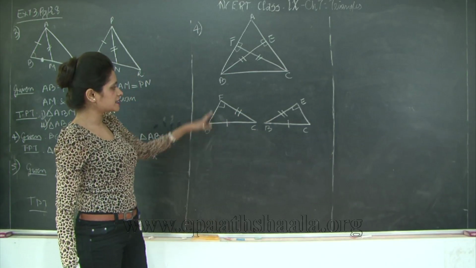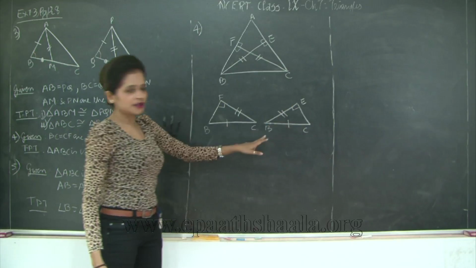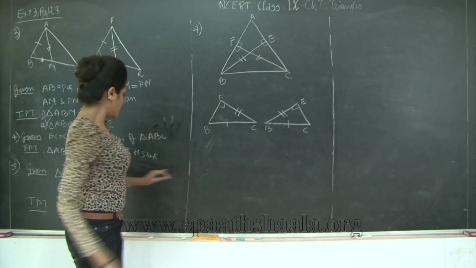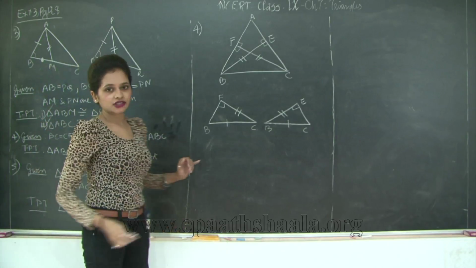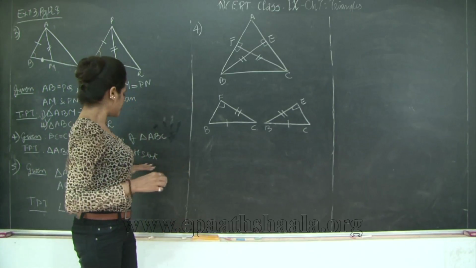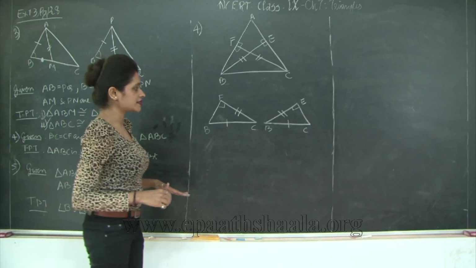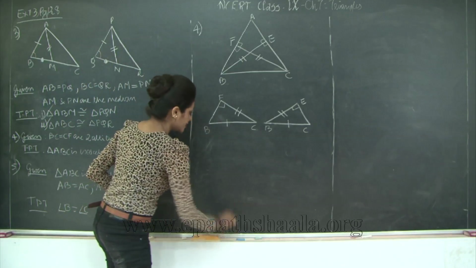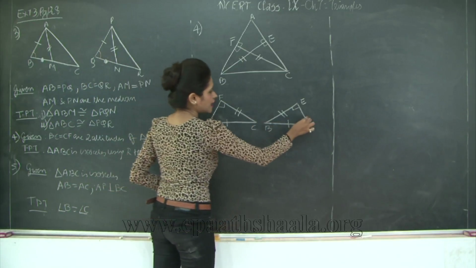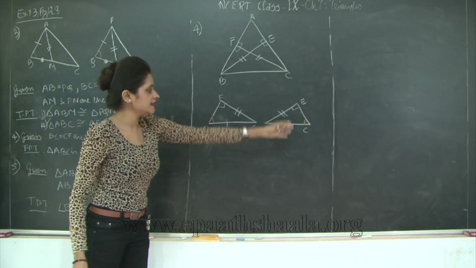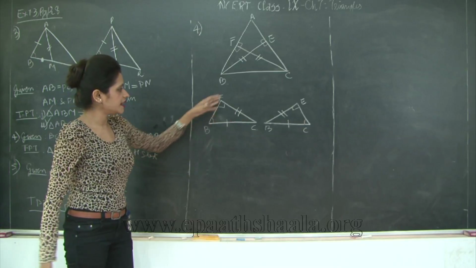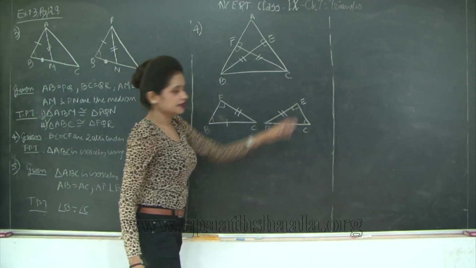That the two triangles BFC and CEB are congruent by which test? RHS test, the right angle hypotenuse side test of congruence. Therefore, these two angles are equal to each other, which are FBC and ECB, or CBF and BCE.